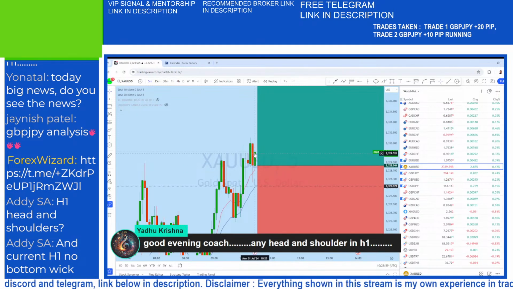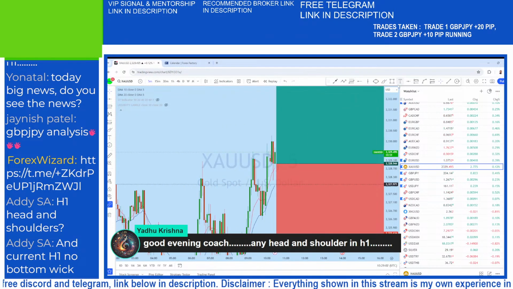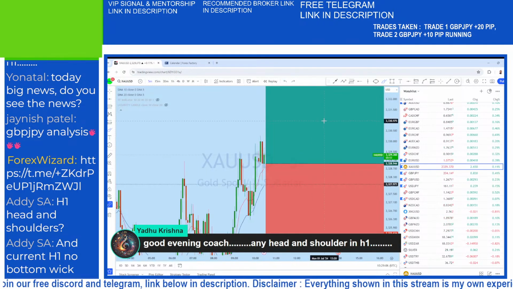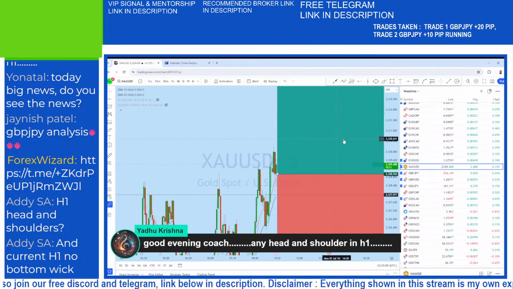Here is a bit of upside, what you can see. And with this upside bias, expecting the price to go ahead and create a new higher high.